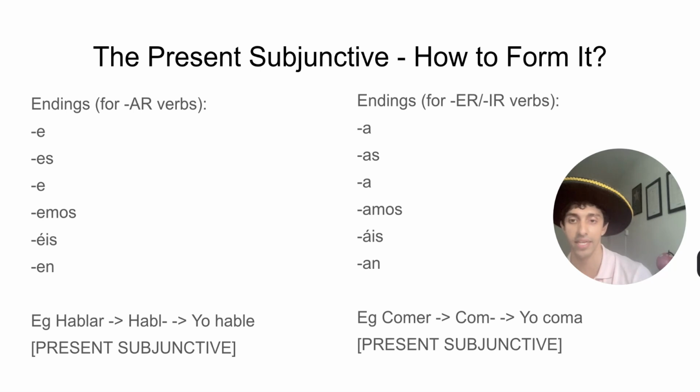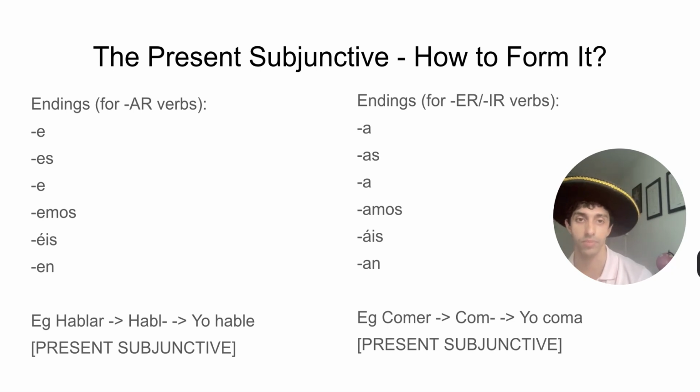You take away the ending, the o, and that gives you habl, which is your stem, and then you apply the correct present subjunctive ending. If you want the I form, the yo form, that ending would just be the letter e, so it would become hable or yo hable, which is the present subjunctive of hablar.